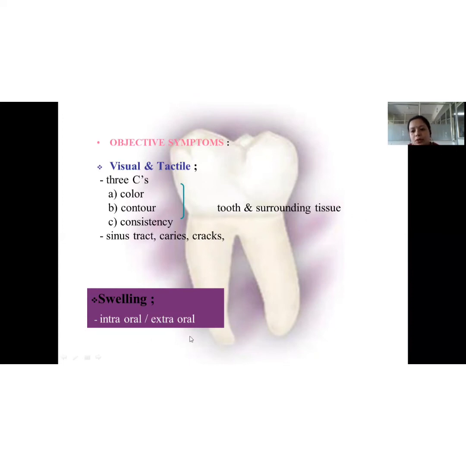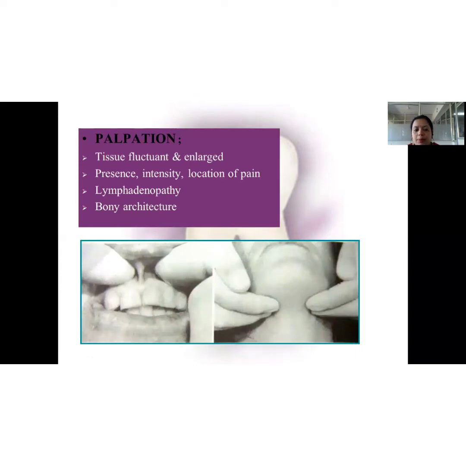Now swelling can be intraoral and extraoral. Now palpation: fluctuant and enlarged tissue. The presence, intensity, and location of swelling can be visualized with the help of palpation, and also lymphadenopathy, and the bony architecture we can also judge.